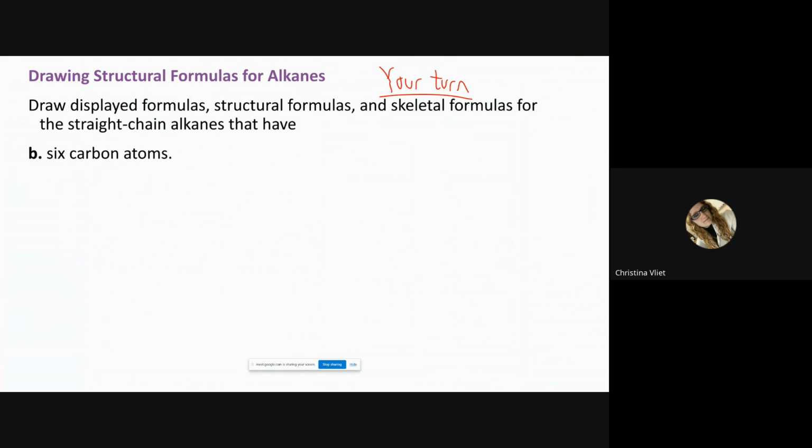All right, once you have it, raise your hand. Ready? And then we just make the skeletal. No, it just didn't have it. Here. I'm talking individual person.